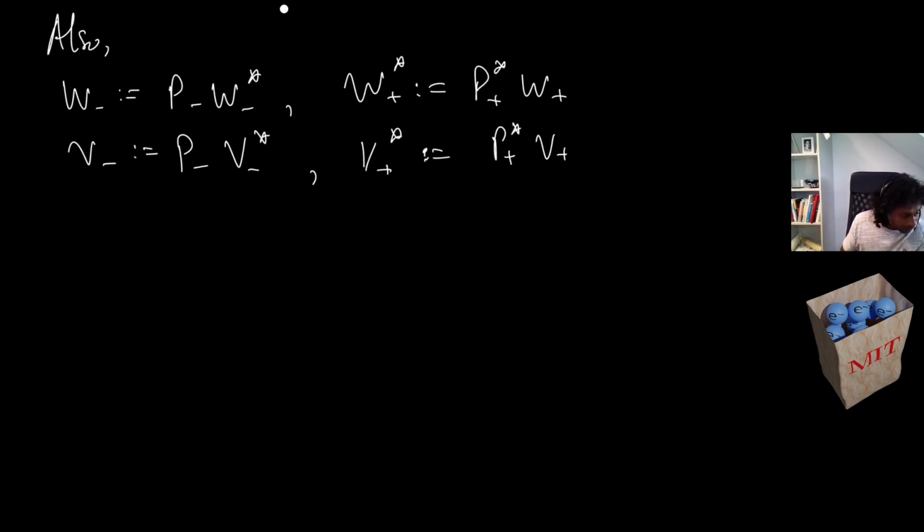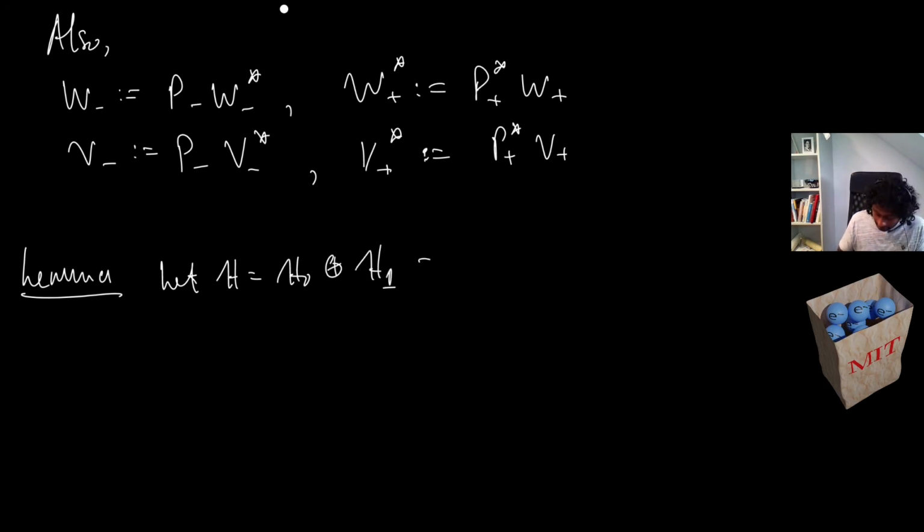For that purpose, let's have a look at the following abstract lemma before we proceed. We need a number of abstract lemmas that will allow us to compute things. Let H be equal to H0 plus H1, and this is again equal to H0 plus H1 prime. I'm not assuming anything orthogonal here, but we have such a splitting.